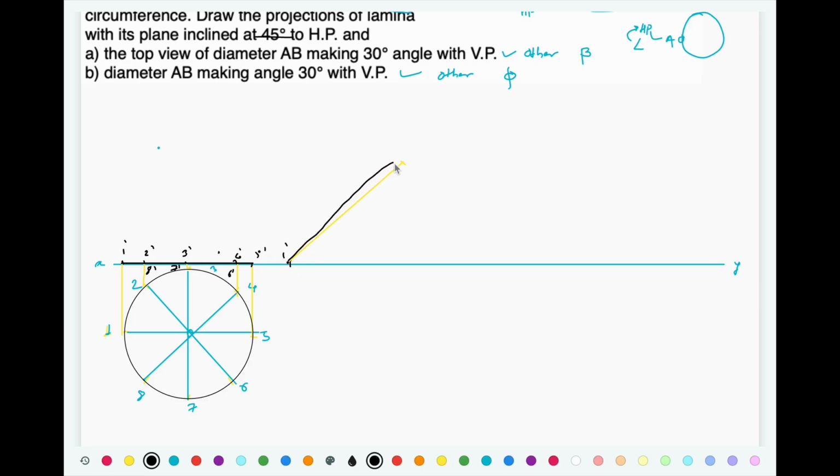This is going to be equivalent to this front view. We are just going to rotate the view of same dimensions as that of the basic view.